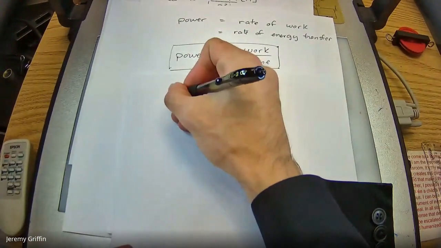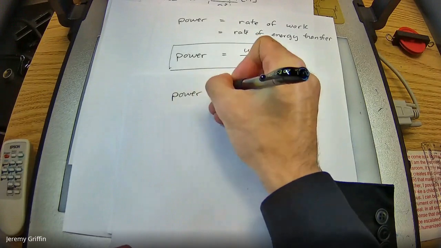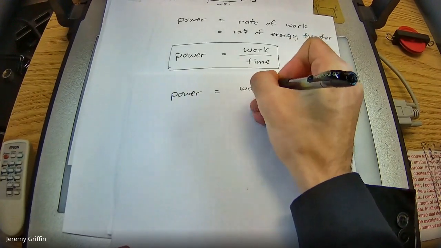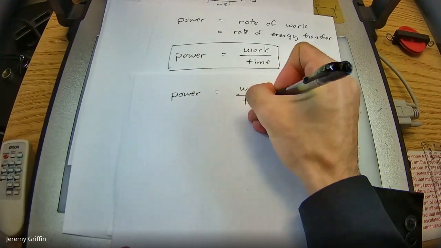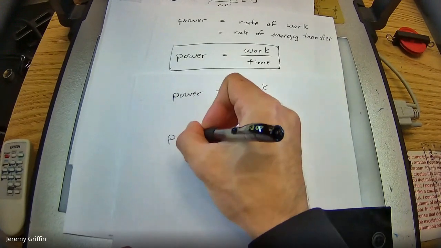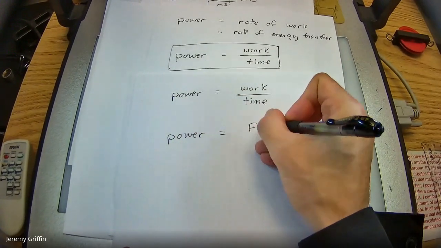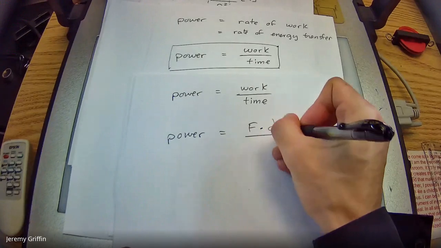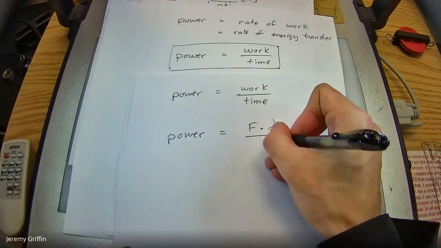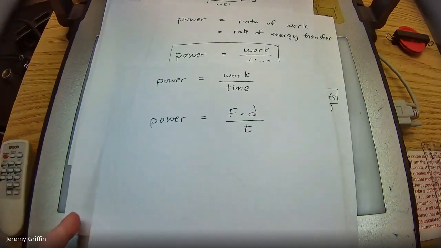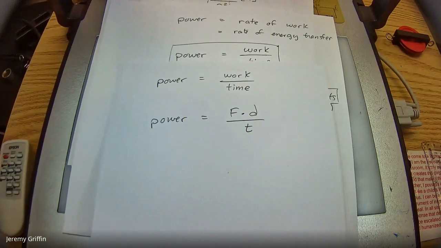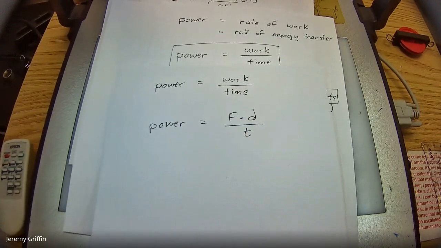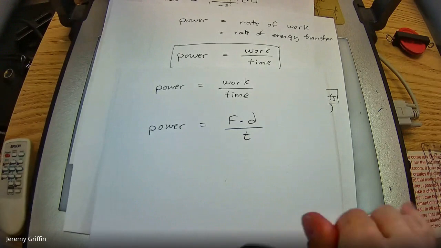I'm going to pick up from this point: power is work per time. I'm going to rewrite this because you have a formula for work. Isn't that force times distance? Then divide by time to turn it into power. But if you stare at that long enough, you might see a different way to group these variables together.